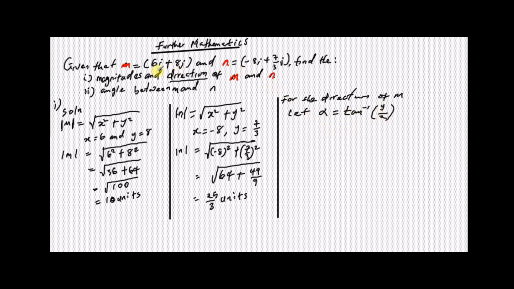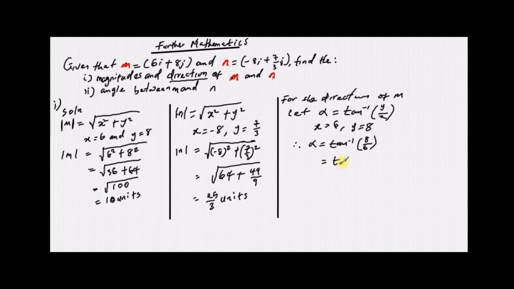In this case, for m, x equals 6 and y equals 8. Therefore, alpha will be tan inverse of 8 over 6.